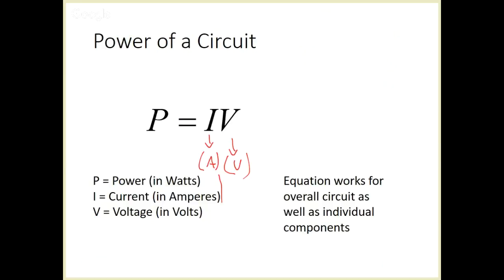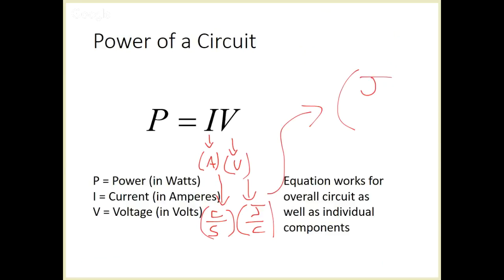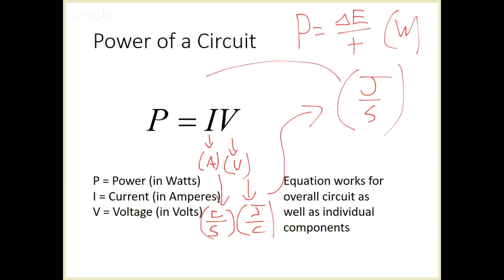And an amp is a coulomb per second, and a volt is a joule per coulomb. So when you multiply those together, you get joules per second. And if you remember from the fall semester, power is just change in energy over time. So a joule per second is simply a watt.